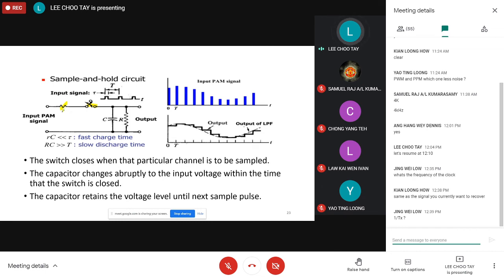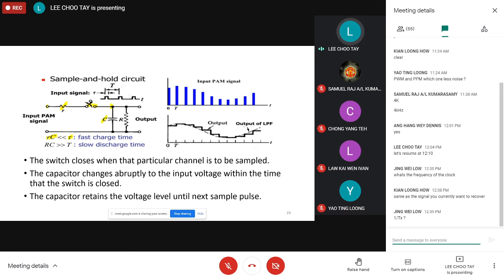This resistor in series, if you combine with the capacitor over here, is actually to charge up the voltage, the signal at this point, so they hold the same voltage as the incoming one. So your RC must be very small as compared to your pulse duration, so you charge up fast.